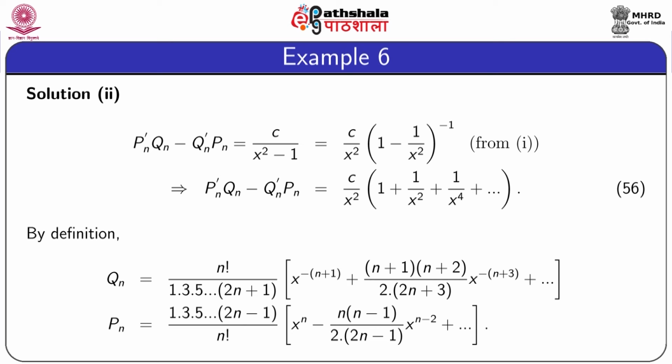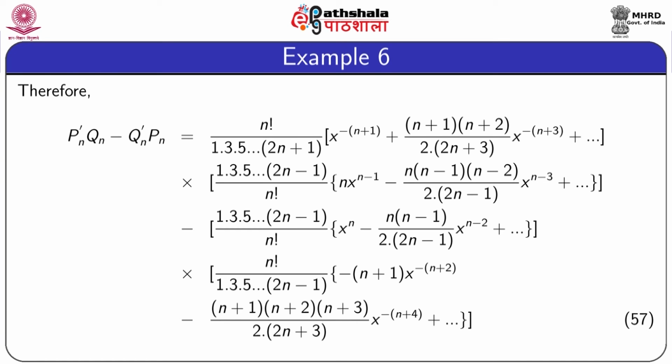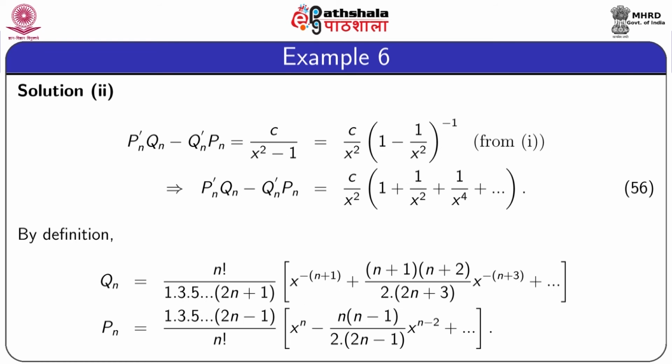We now use the definition of Legendre's polynomial of the first kind and Legendre's function of the second kind. We put these values in this particular expression on the left hand side, and if you do that, you will get expression number 57. What we are doing here is finding the value of this constant c.